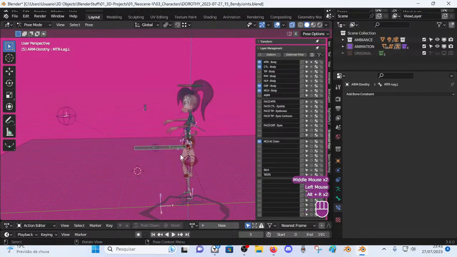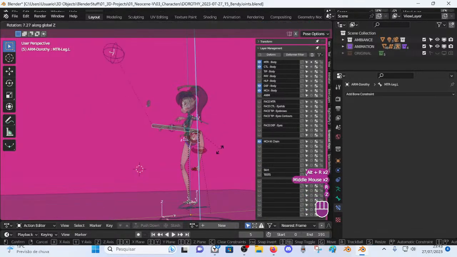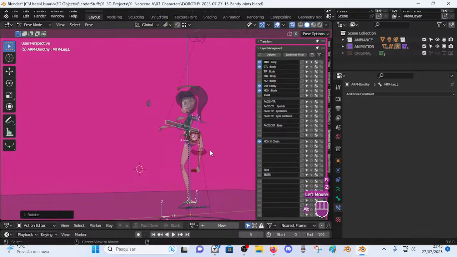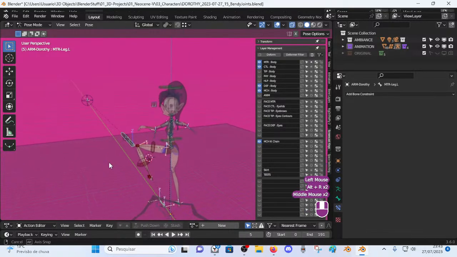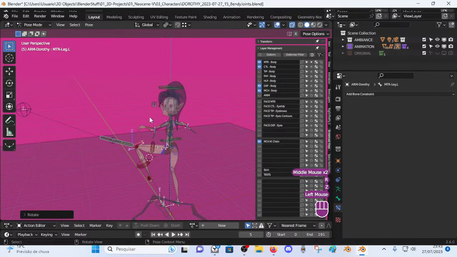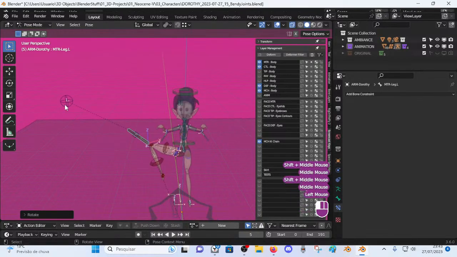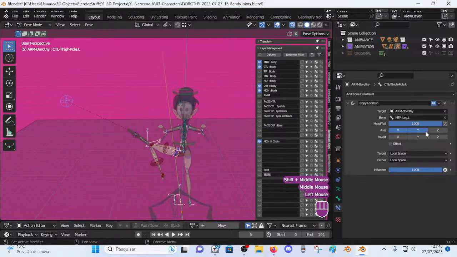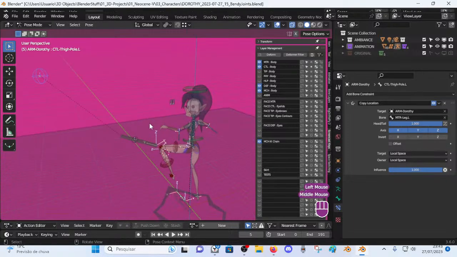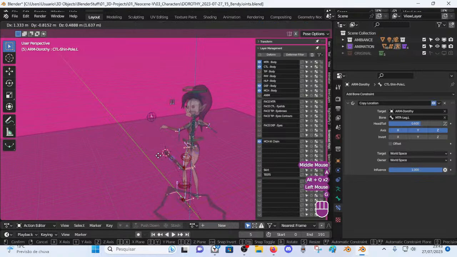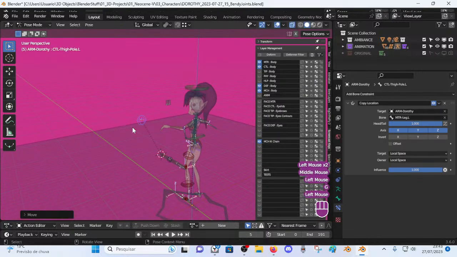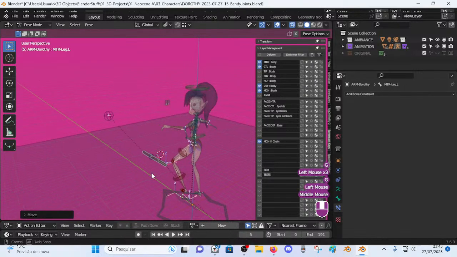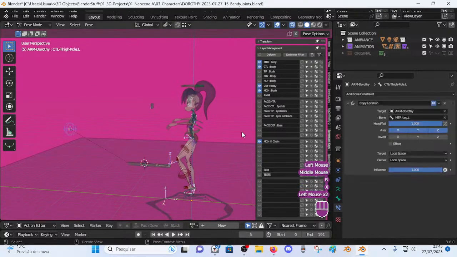I think I've rotated this bone too much. Normally to do that, these copy locations on local space. Yeah, I shouldn't do that because now it is locked. Or I could manipulate the influence, something like that, right?